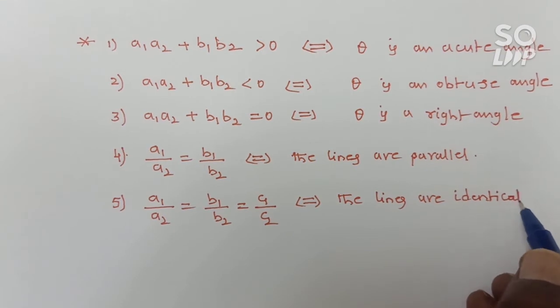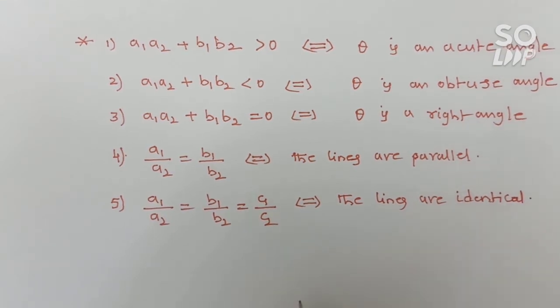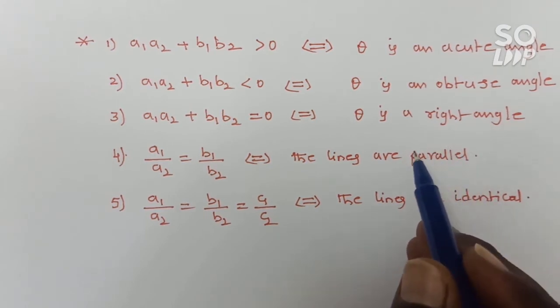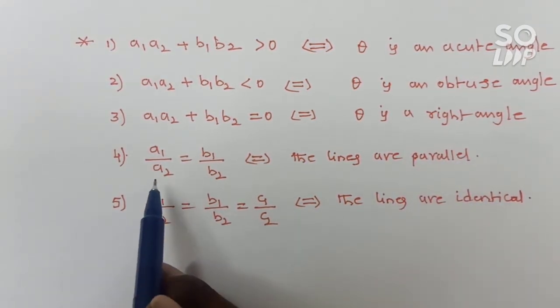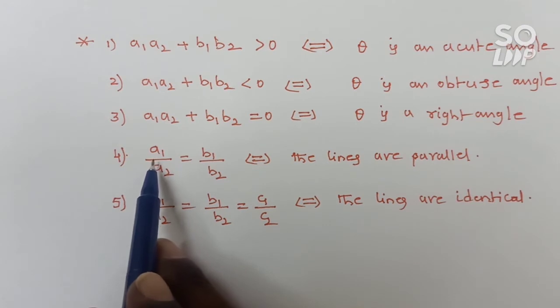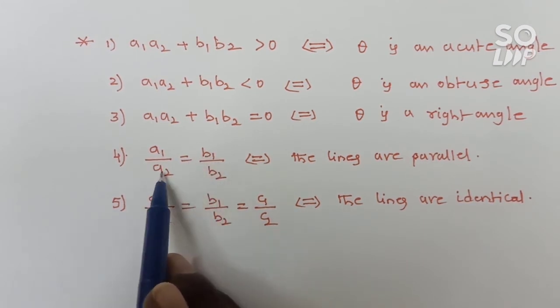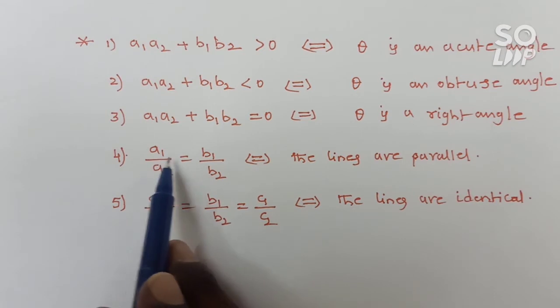So while doing these problems, if the parallel condition is given, immediately we should apply that slopes are equal, or the relation in terms of the coefficients of the lines. Here a1, b1, a2, b2 are the coefficients.